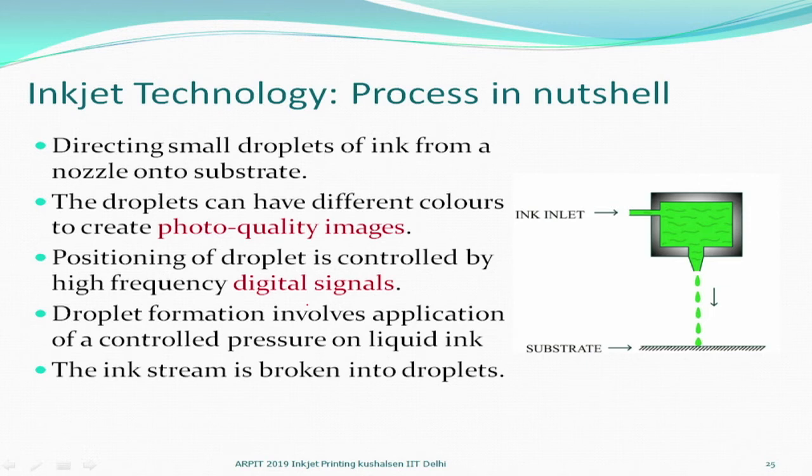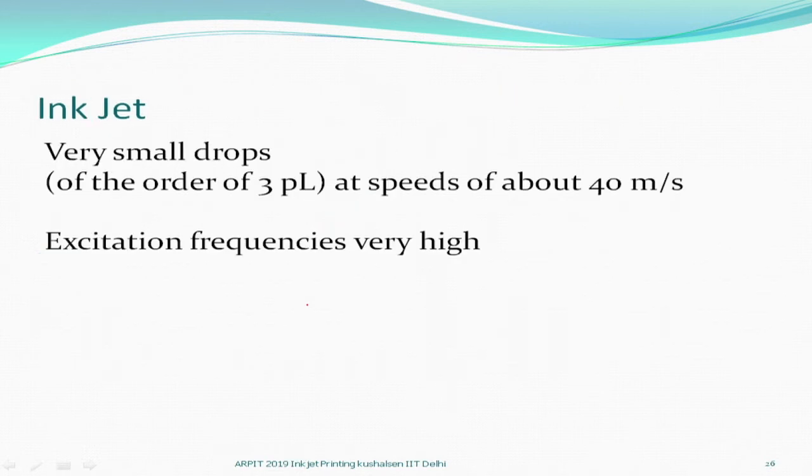The drop formation involves some way to apply pressure so that the drop can be ejected, and the ink which is ejected must be in small droplet form. It could be converted further to smaller droplets and directed to the right places. This is our inkjet technology.